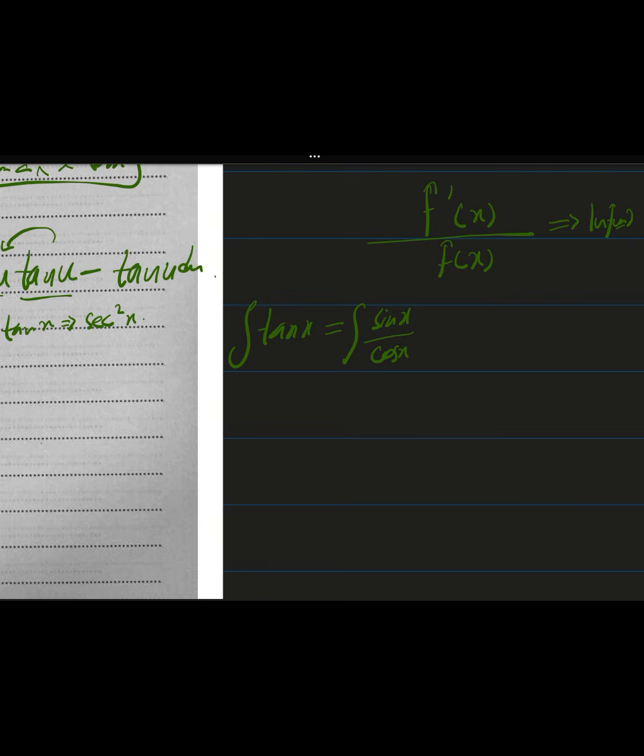The differentiation of cos x is minus sin x, so we can add minus sin x over here, and then we can add minus 1 outside the integral as well. So it will be minus 1 times the integral of minus sin x over cos x. Hence we can rewrite this as minus 1 ln cos x.